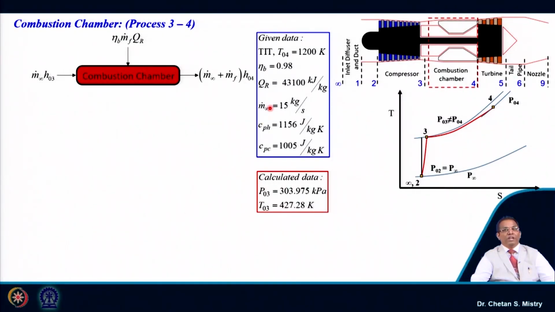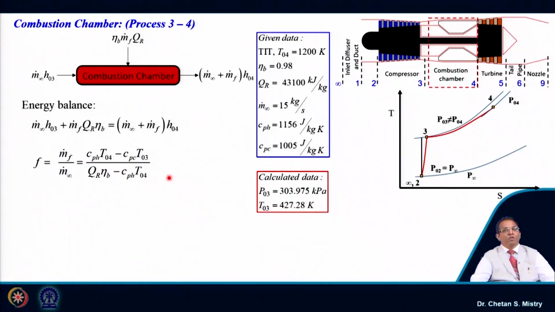For the energy balance, what can we write down? It is M infinity times H03 plus MF times CV times burner efficiency, which equals M infinity plus MF times H04. And from this we can derive the correlation for the fuel air ratio.